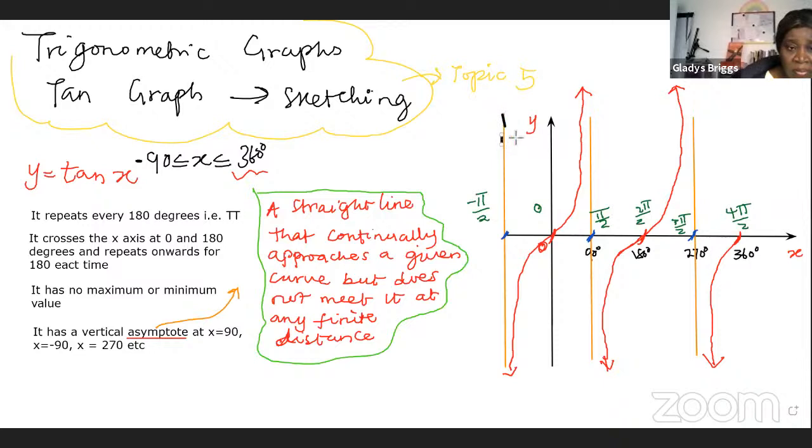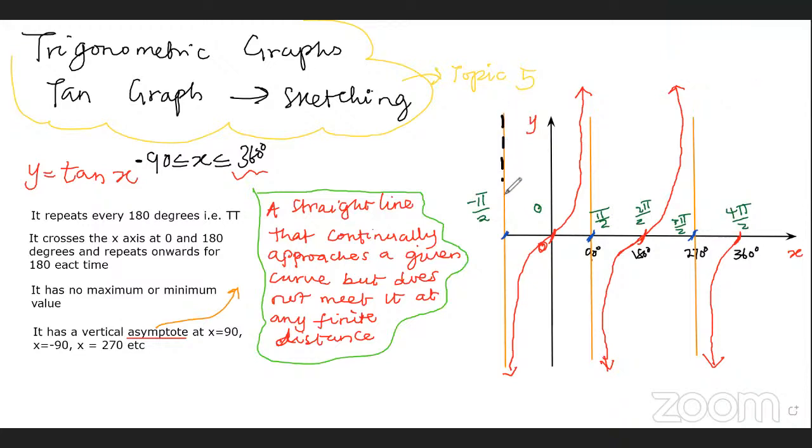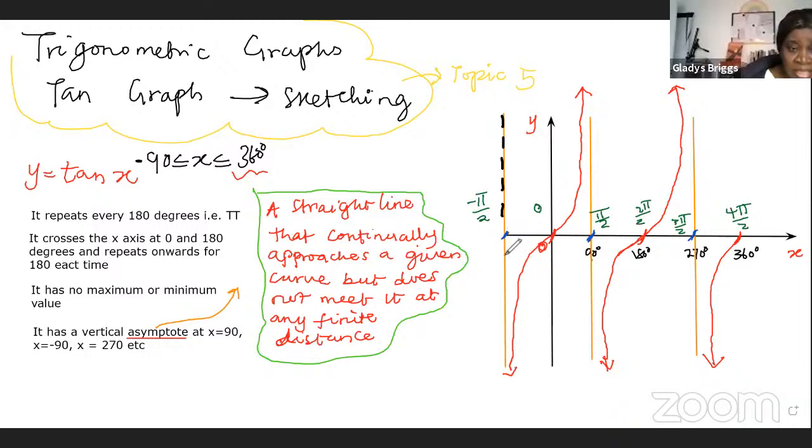You need to use broken lines to show that this is a line the graph is trying to approach, but never really gets to, yeah?